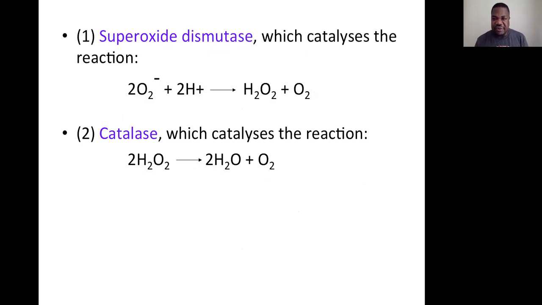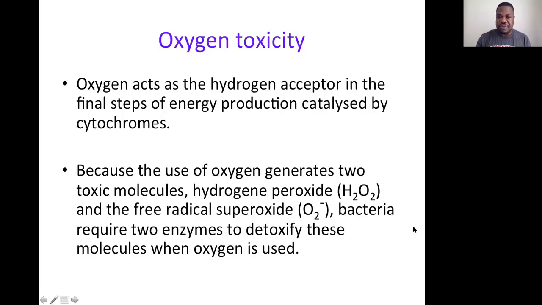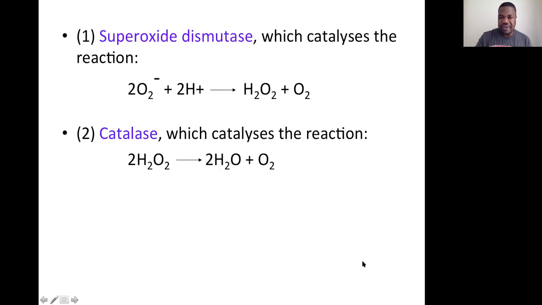The microorganism should have the first enzyme called superoxide dismutase, because when the bacteria use oxygen as the last electron acceptor, there is a production of toxic oxygen species. The bacteria need superoxide dismutase in order to survive in the presence of oxygen.